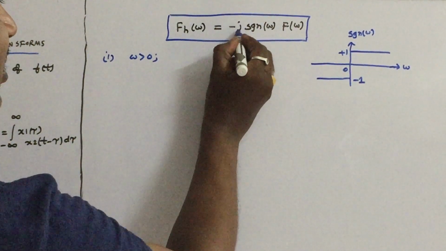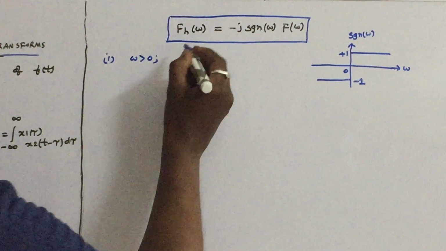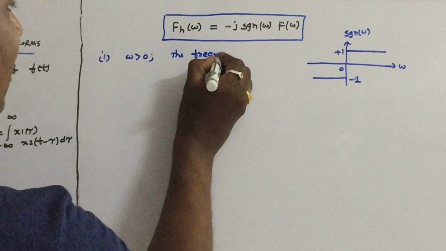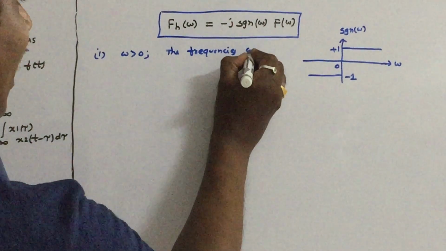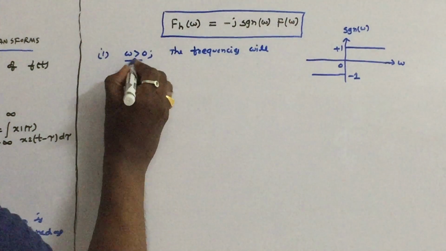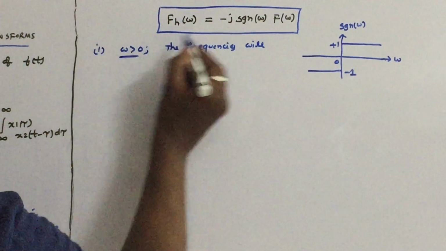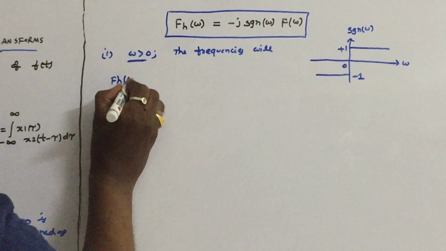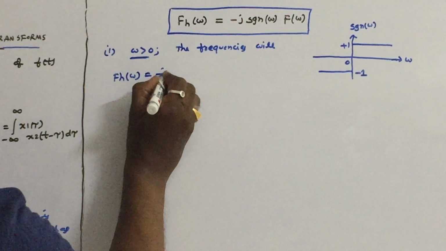Because of minus j, the frequencies when omega is greater than 0 will undergo a change. What will Fh of omega become? Fh of omega will become minus j F of omega.